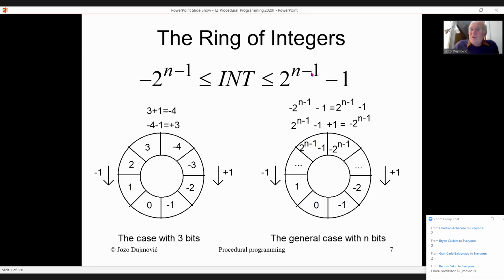So 127 is the largest value, minus 128 is the smallest value, and nothing more. Now, you would say, why should I use a single byte? Because it has enough memory for small numbers, and it can be very useful for solving graph problems.